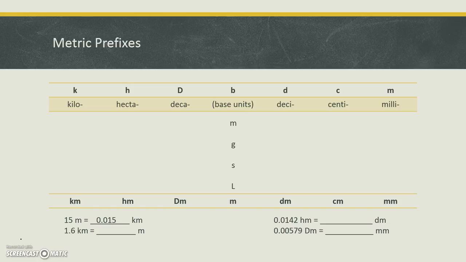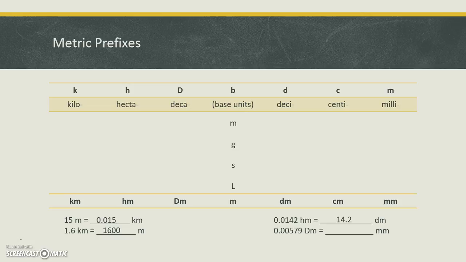All right, so 1.6 kilometers is the same thing as 1,600 meters. If any of you run track, that number, 1,600 meters, might sound familiar. All right, 0.10142 hectometers is equal to how many decimeters? And you should have 14.2. Okay, and then for the last one, 0.00579 decameters.